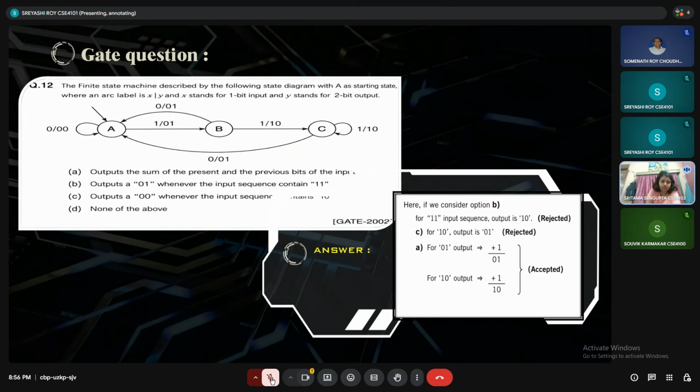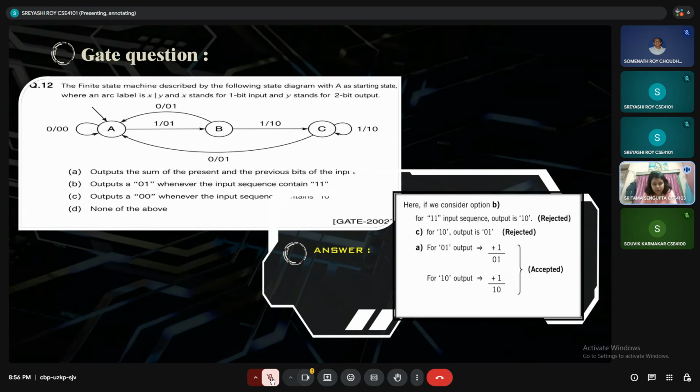If we get output 01, then first 1 and then 0. And option C is also rejected. But for A, if we take the 01 output, then first 0, then it is 1, so we are getting 01. And then for the 10 output, first input is 1 and second input is 1, so it will be 10. So the final answer is option A.